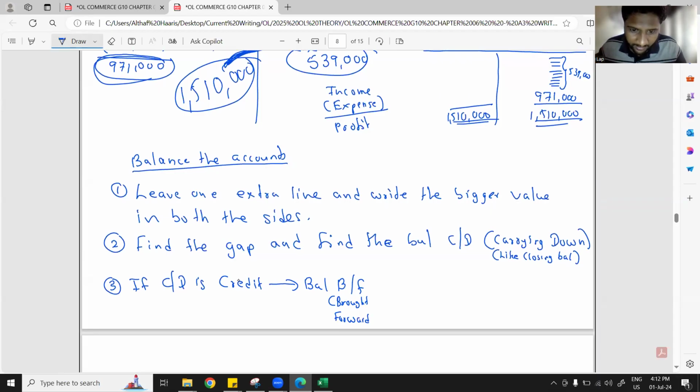Better to write, like opening balance of next period. So this is the closing balance of this period. This period closing balance will be the opening balance for the next period.